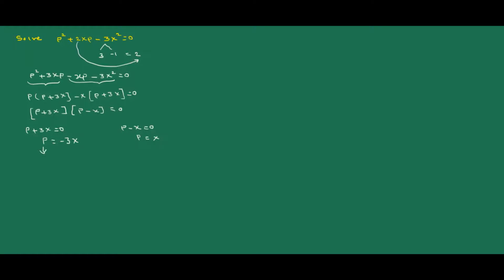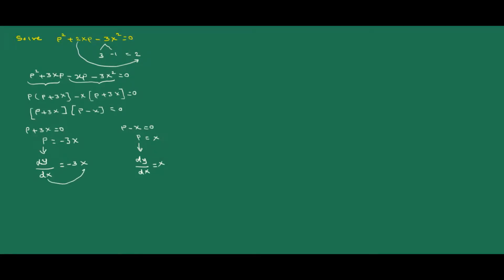So p is equal to minus 3x and here p is equal to plus x. This p we can write as dy divided by dx is equal to minus 3x, and here this p we can write as dy divided by dx is equal to x.